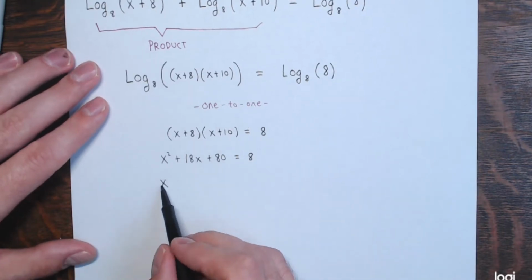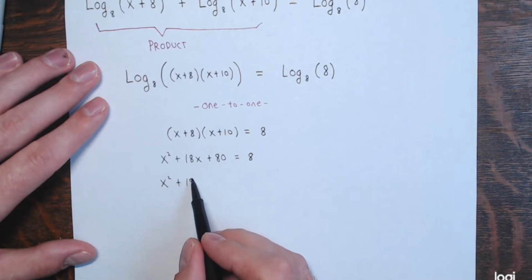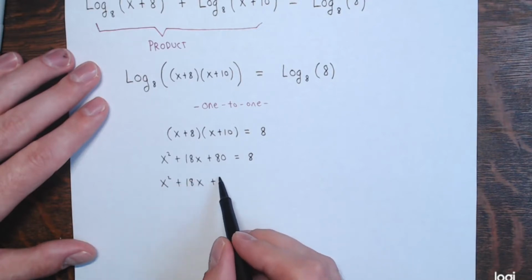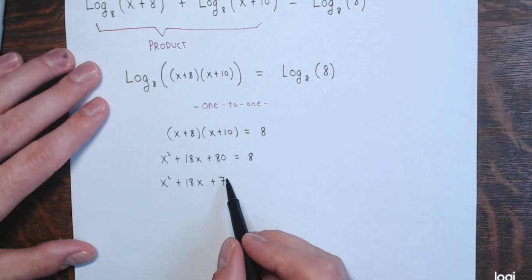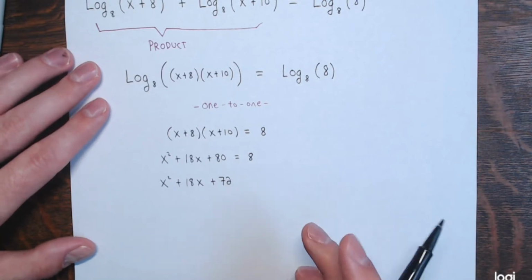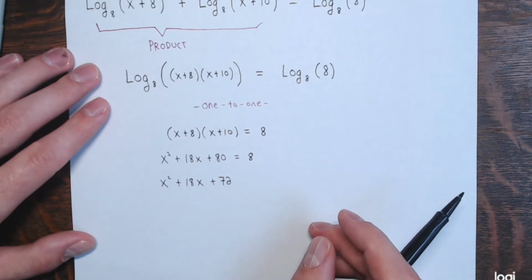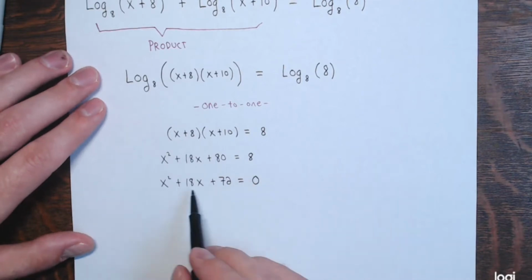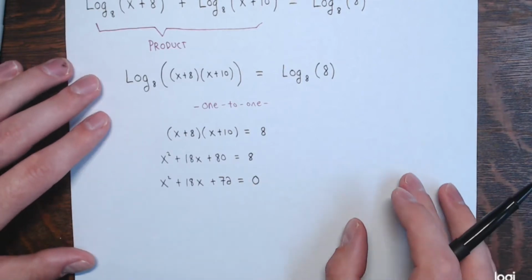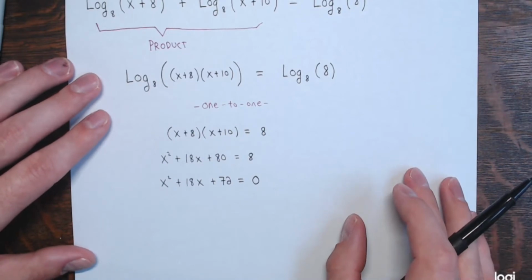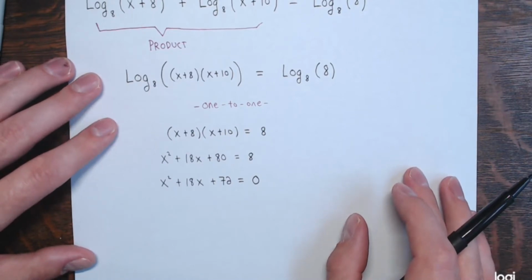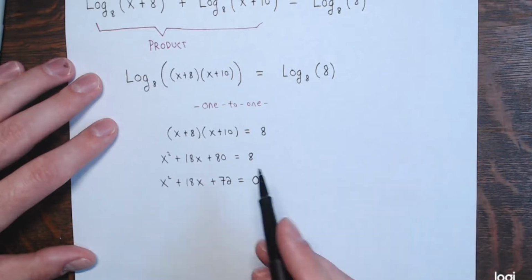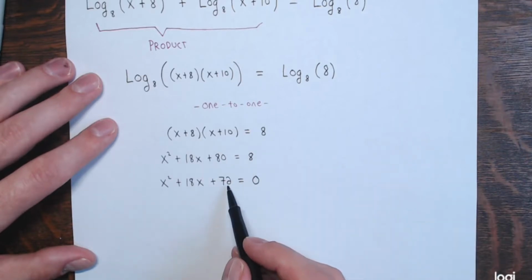We got x squared plus 18x plus 72 equals 0. And you can solve this using the quadratic formula, using completing the square. Now I don't know if I can do factoring. 2 times 36, 2 times 4 times 18.